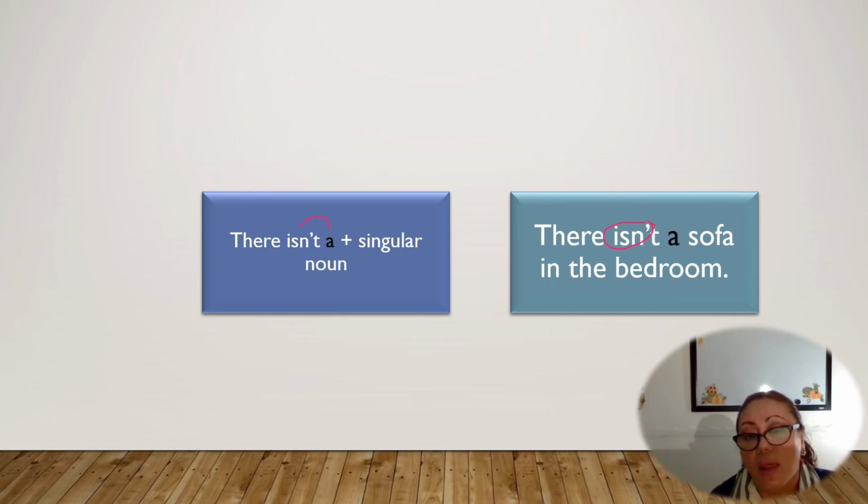El significado es completamente el mismo. Lo que cambia es la gramática. The grammar changes, but the meaning is the same. There isn't a, and then after the a, you mention the singular noun. There isn't a sofa in the bedroom.